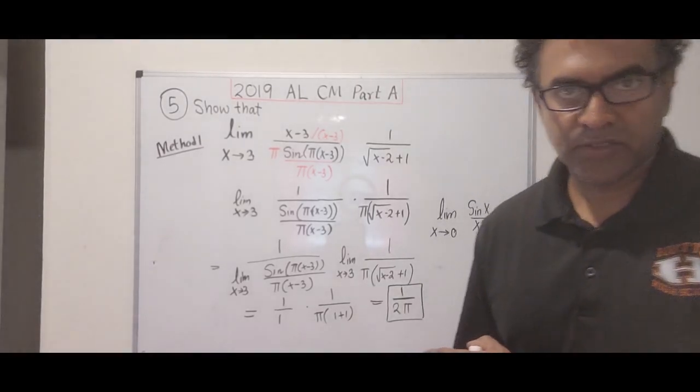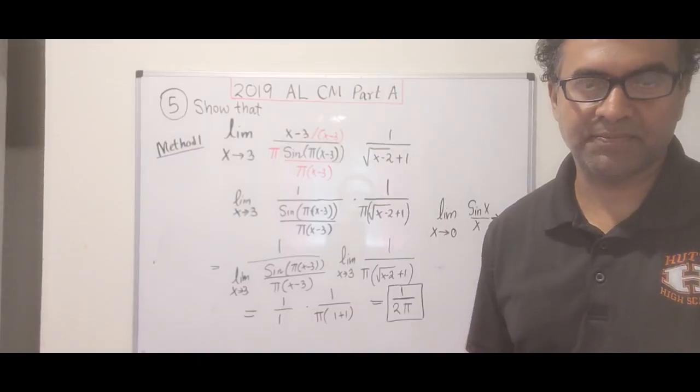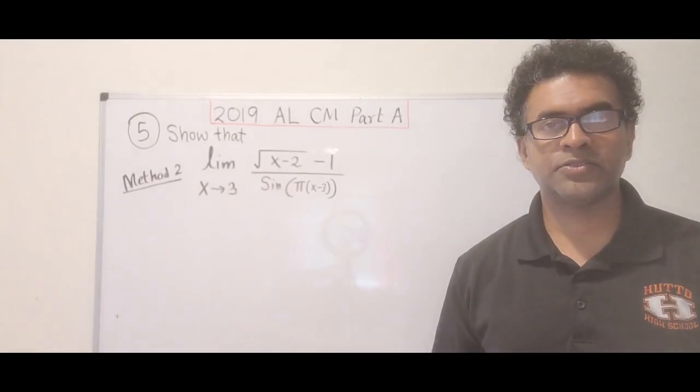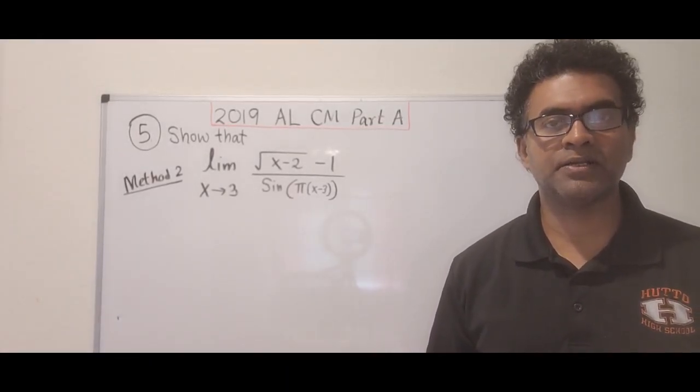And now I'm going to show you the second method, how to get this same answer. Okay, let's look at the second method to solve this problem. For the second method, I'm going to use L'Hopital rule.